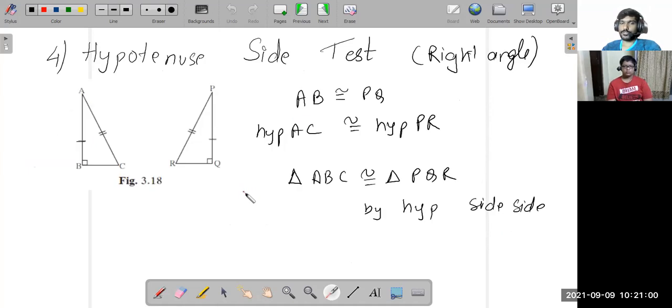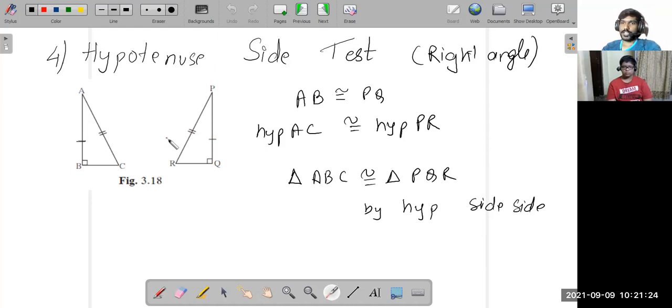And last, the fourth one, we saw the hypotenuse side test. Hypotenuse side test can be used only in a right angled triangle. In this, one side and the hypotenuse should be congruent to each other.